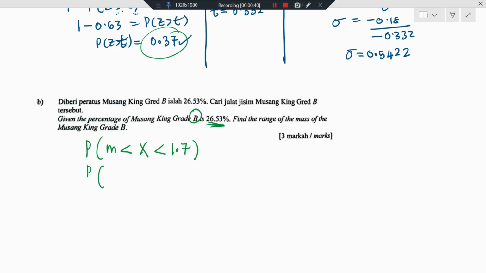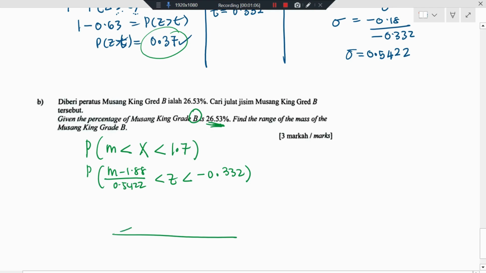So we do like this, change to Z score. This 1.7 minus 1.88, and then divided by 0.5422, you will get negative 0.332. And then we try to draw first.